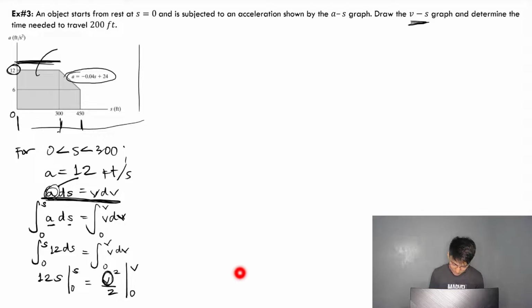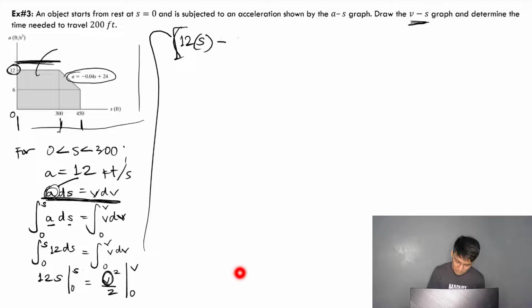Now, substituting the limits, we have 12S minus 12 times 0, yung 0 naman na limit, is equal to V square over 2 minus 0 square over 2. Ito ay cancel, ito rin ay cancel.